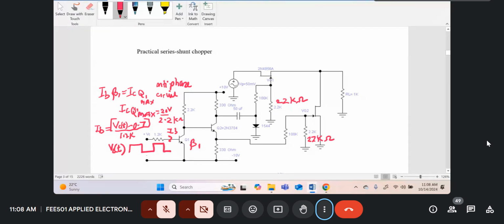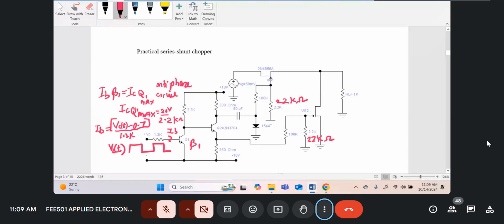So the circuit operates between saturation and off. Let's assume the design is correct. The resistor 1.2K is just used for protection of the base emitter junction of Q1. So Q1 will be driven on and off, on and off.